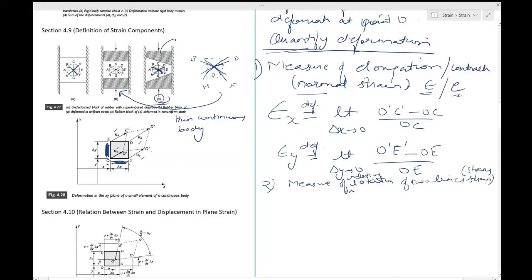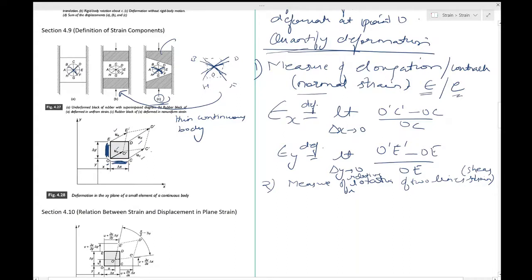So you see the words are common with stress, but what they mean and how you define them have no relation whatsoever. There you start with the forces, here you start with the displacements. There's no commonality between the two.